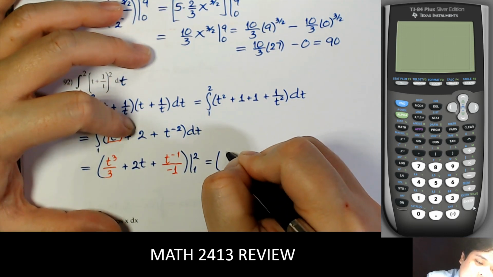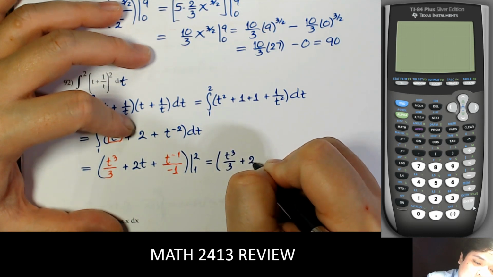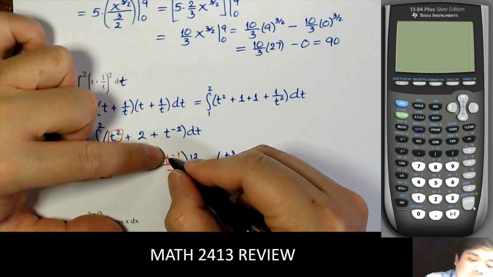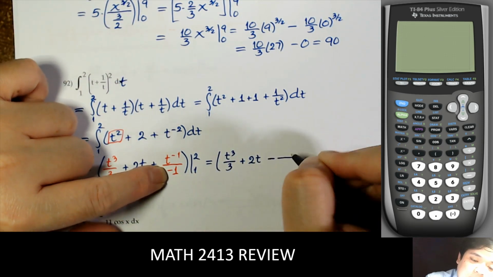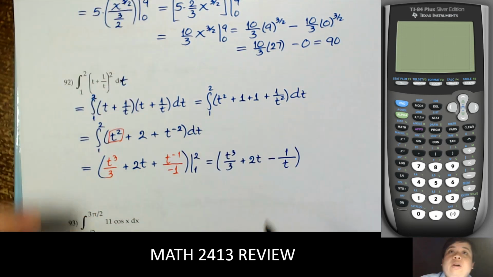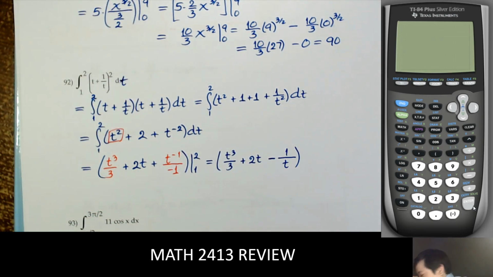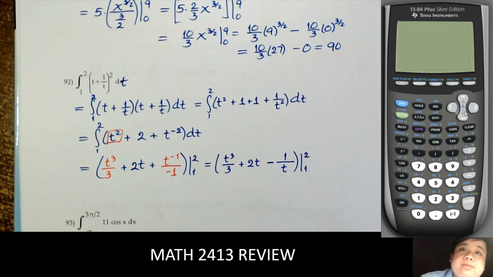So we have t cubed over 3 plus 2t, and the t here moved to the bottom, which is negative, by the way, just negative 1 over t, from 1 to 2. Now we're just going to put in the values.